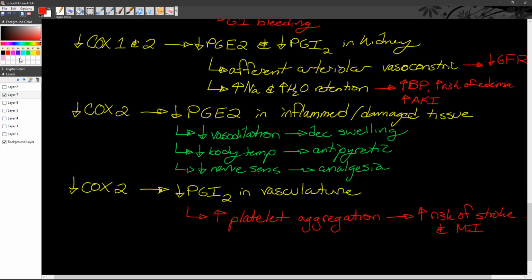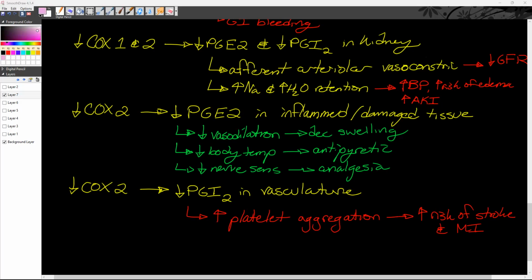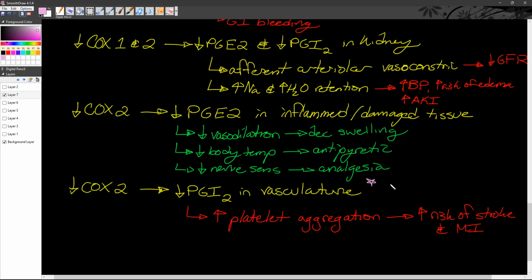What's interesting to note about this effect, though, is that for whatever reason, this effect is lowest in obviously aspirin, right? Because we know aspirin is working as an antiplatelet, but also in naproxen.